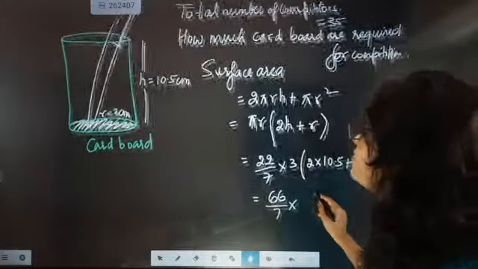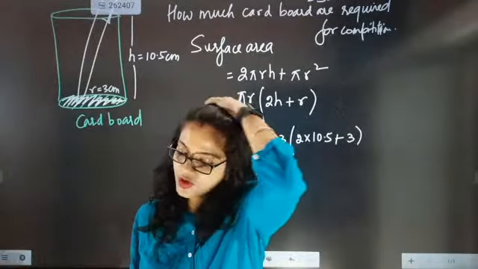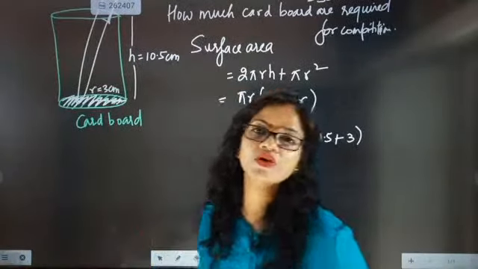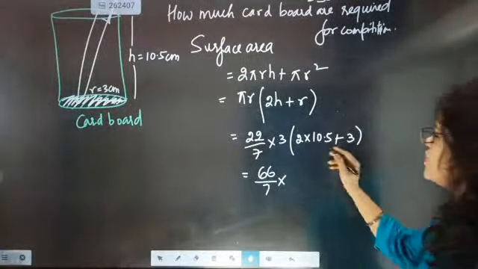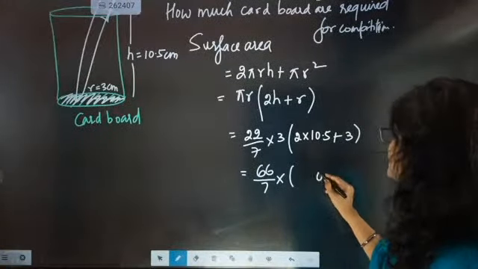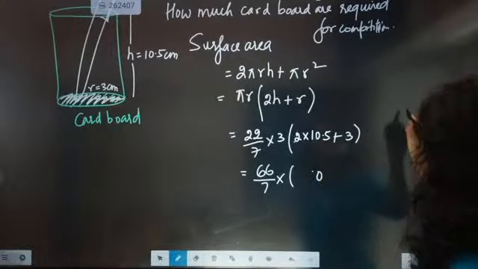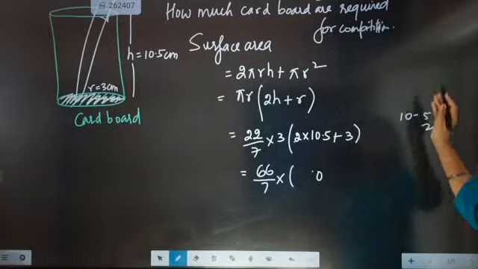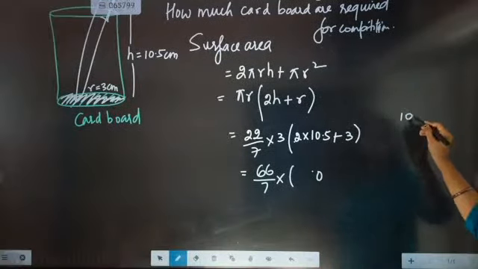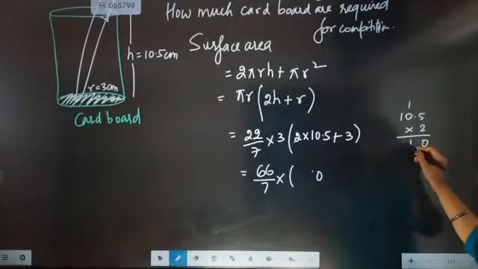So it is going to be 66 by 7 into, but how many people are there? Total how many competitors are there? Since the cardboard has to be distributed among 35 competitors, multiplying this: 2 5s are 10, 1 will come because 10.5 is there, 2 1s are 2.